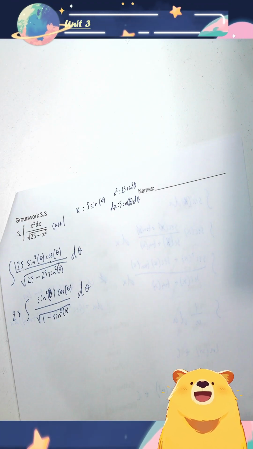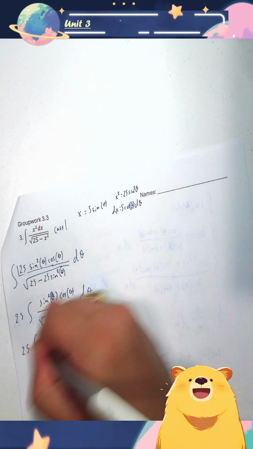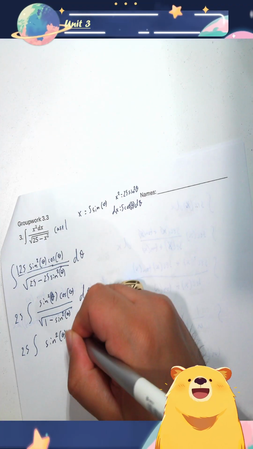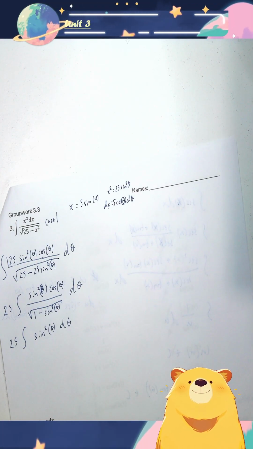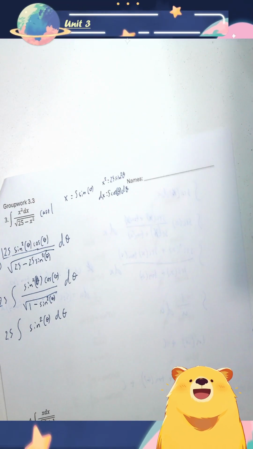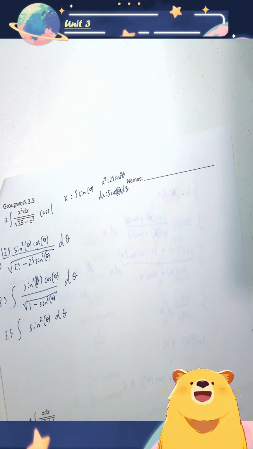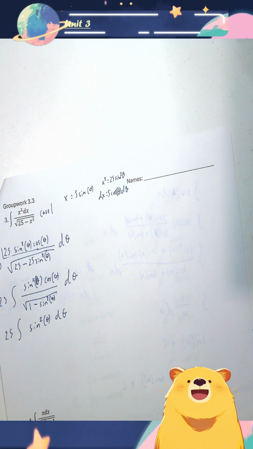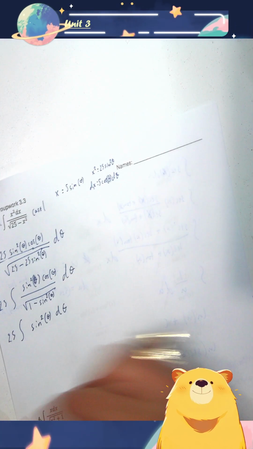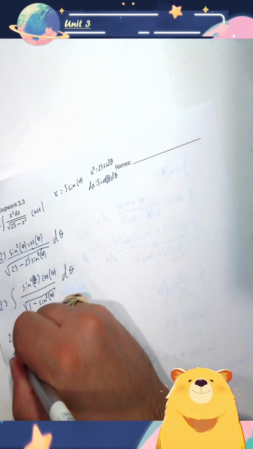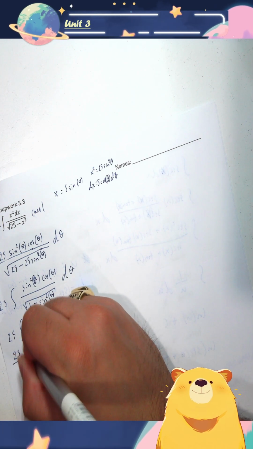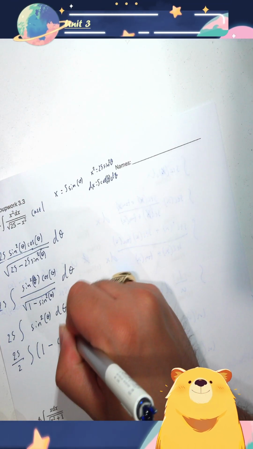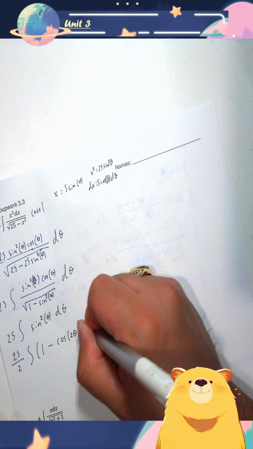So we're left with 25 integral of sine squared of theta d theta. And afterwards, we will use a power reducing formula to get that sine squared to be 1 minus cosine of 2 theta over 2, d theta.